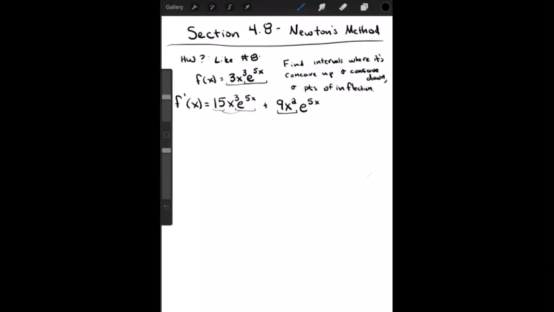And we know we want to take another derivative because concave up, concave down, and points of inflection have to do with the second derivative. So I'm going to combine these into one term, because that way I only have to use the product rule once instead of twice.